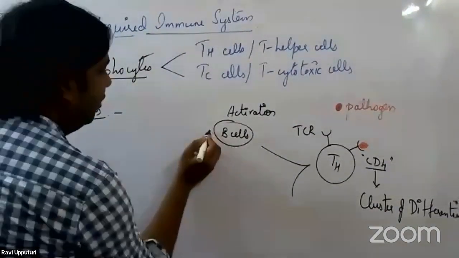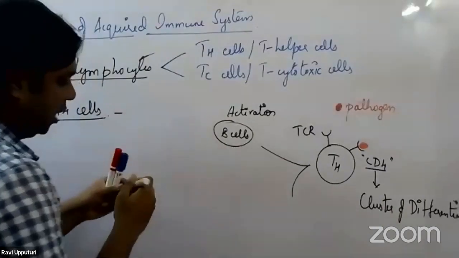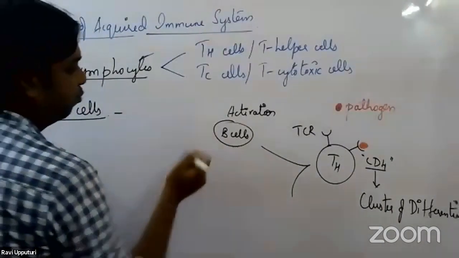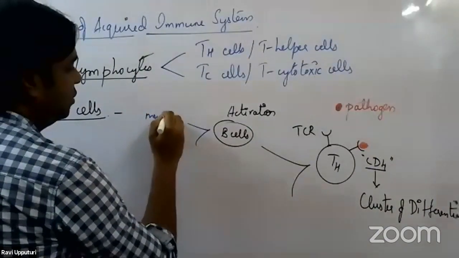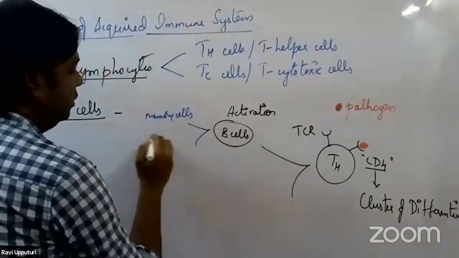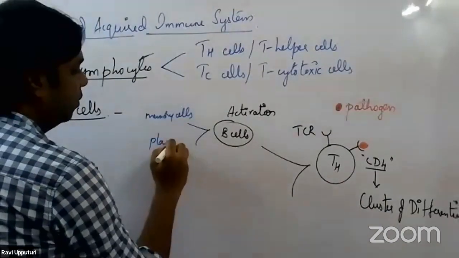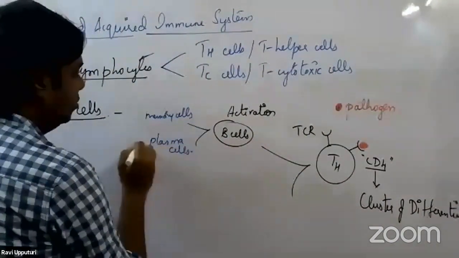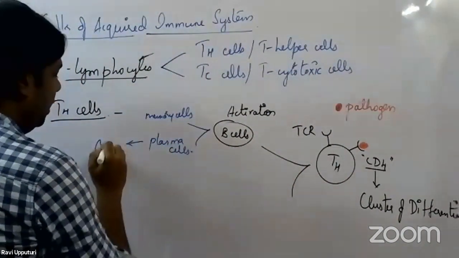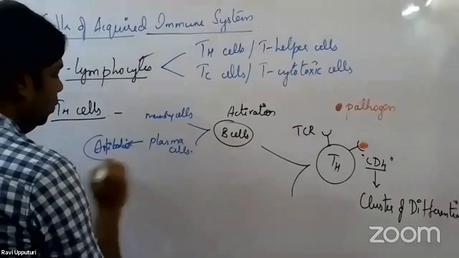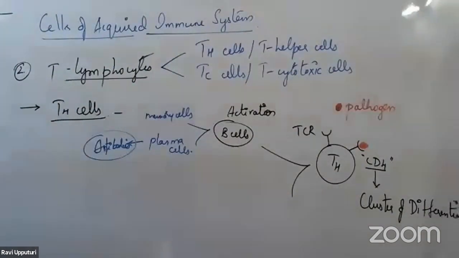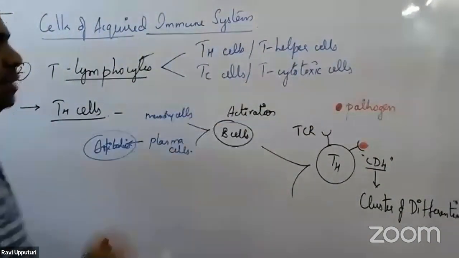It starts producing two types of cells: the memory cells and the plasma cells. And we know that these plasma cells will start producing antibodies, and these antibodies will go and fight against that particular pathogen that has entered inside the body.